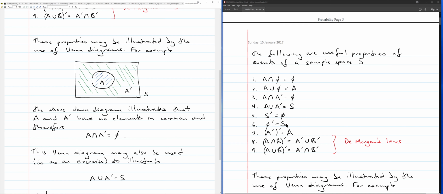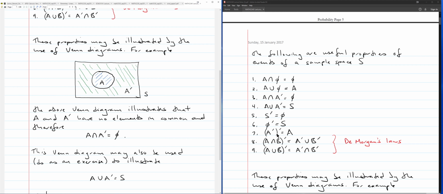Okay, likewise I can show this one over here, that the complement of A complement is equal to A, or at least justify this statement using this Venn diagram. So this is A over here, your blue shaded area, and A complement would be the green shaded area. Now if this is A complement, I want to take the complement of A complement.